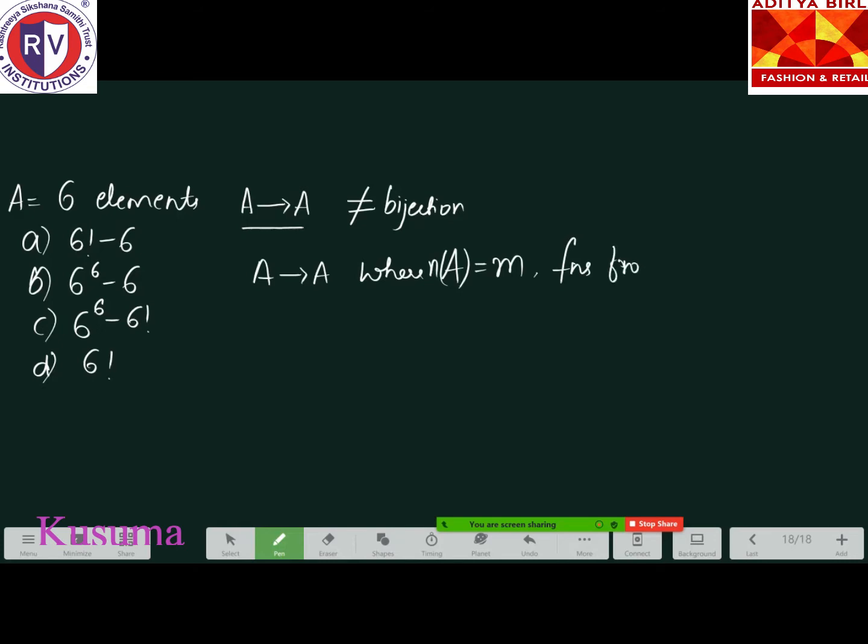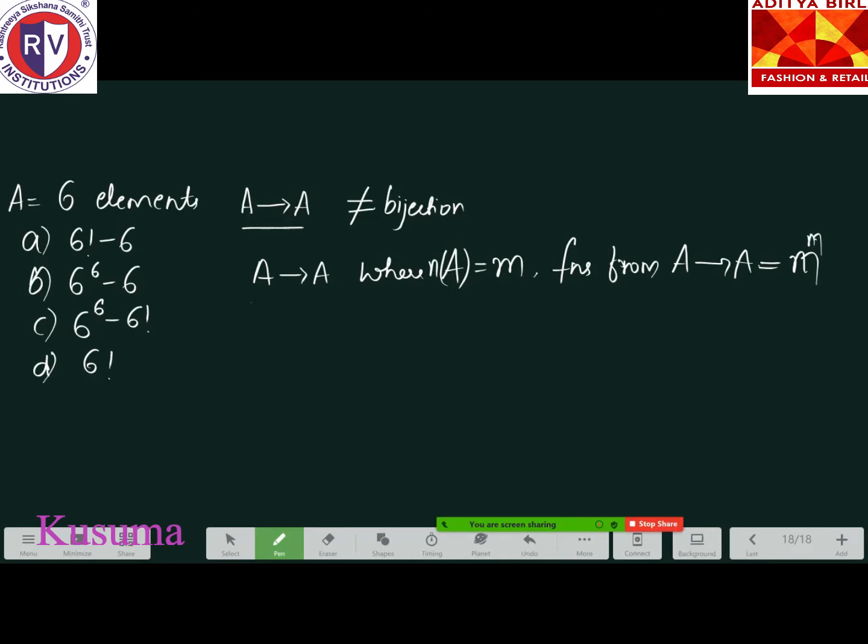Then the total number of functions from A to A will be n to the power of n. So the total number of functions that can be defined from the set A to A, where n of A, that is the number of elements in A, is m, will be m to the power of m.